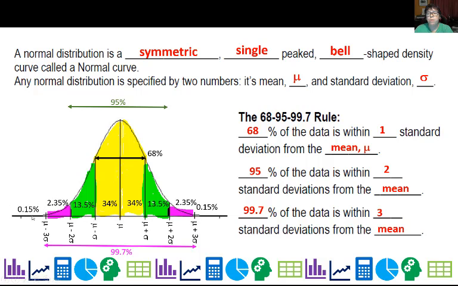Now, I do have the 0.15 here. Why is that? Well, if 99.7% is between 3 sigma below and 3 sigma above, that leaves 0.3% unaccounted for, which would be the value on the left and the value on the right. I'm going to go ahead and leave these pieces for right now because it'll just make it really easy to look at some of the examples we have.